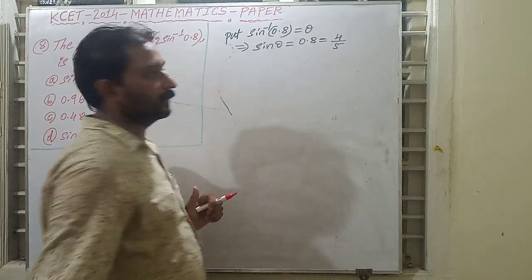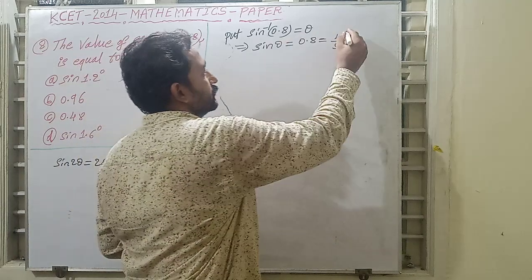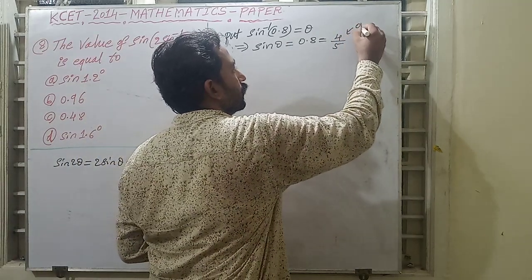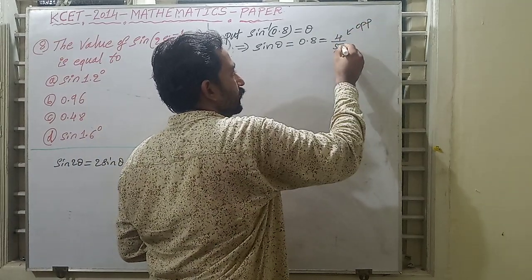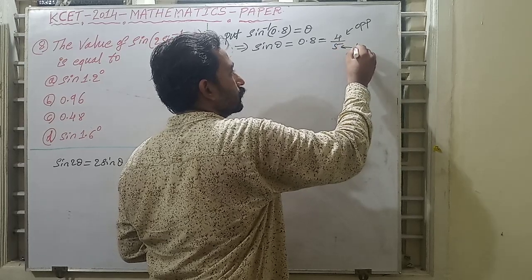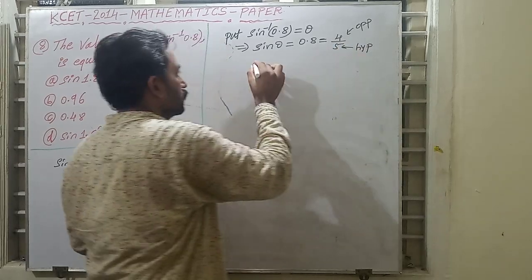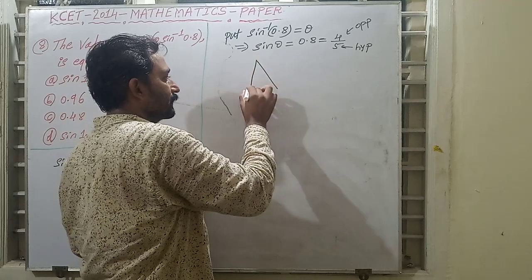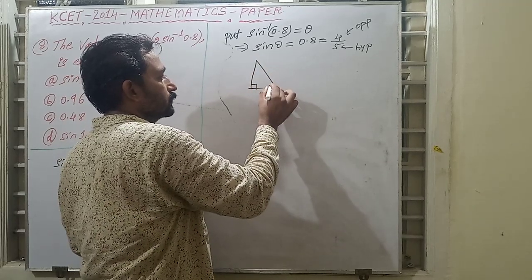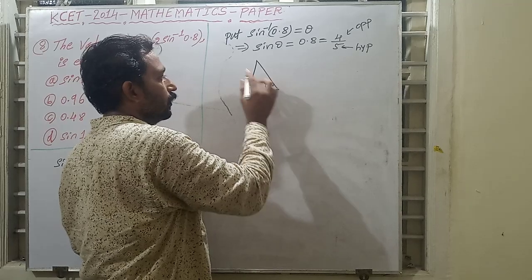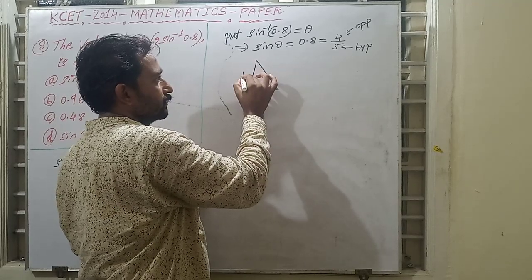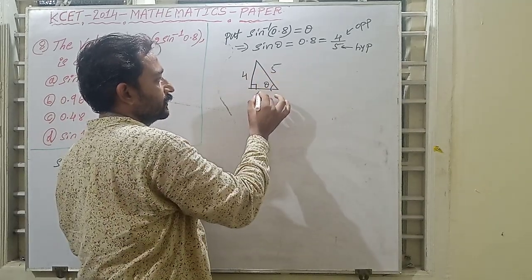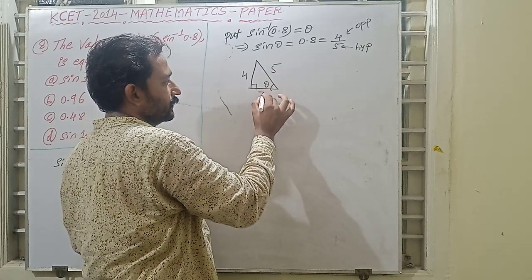Sin theta means opposite by hypotenuse. So if we consider the Pythagoras theorem, we get a Pythagoras triplet. So this is theta, opposite 4, hypotenuse 5, and the remaining adjacent is 3.